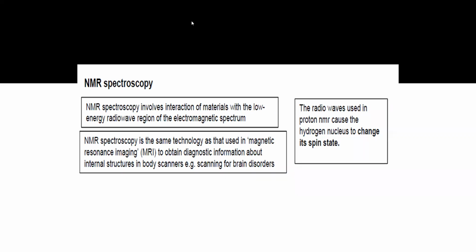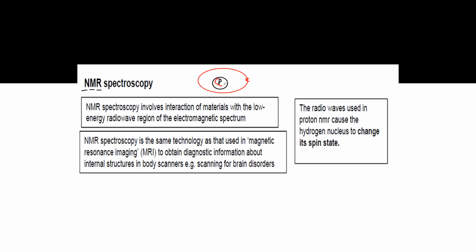NMR, nuclear magnetic resonance. N stands for nuclear, M stands for magnetic, and R stands for resonance. Basically, what is NMR? As you can see, the structure of hydrogen consists of one proton, and around the nucleus there is an electron revolving around the nucleus.